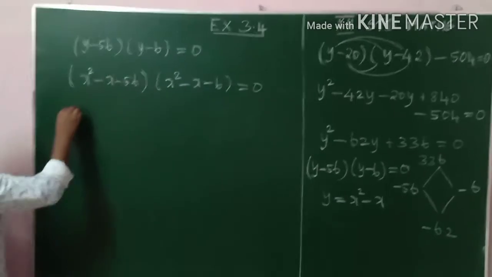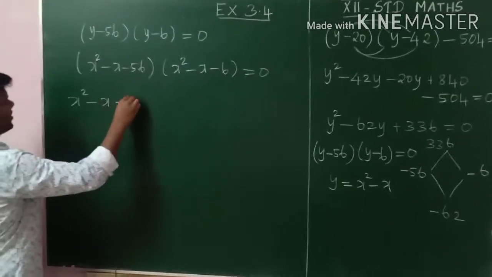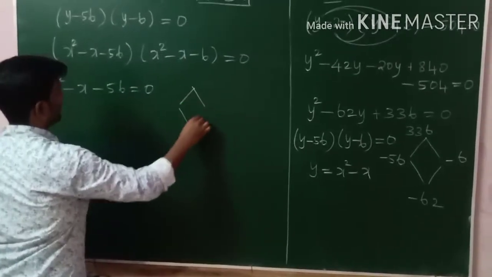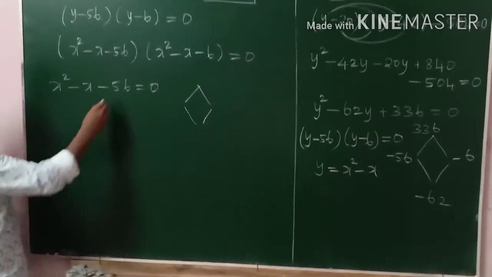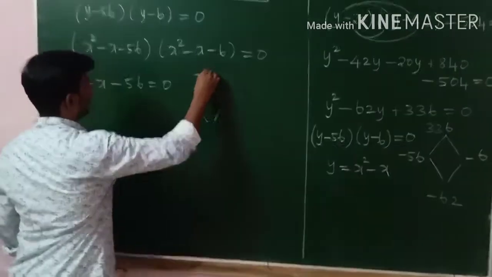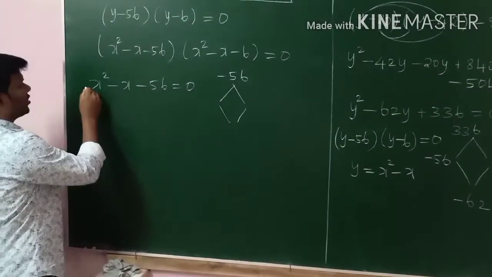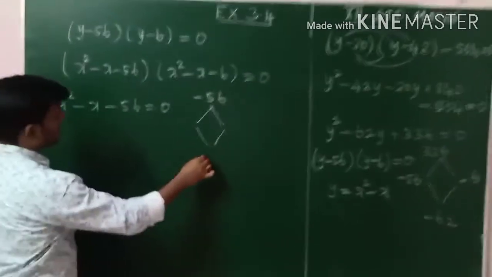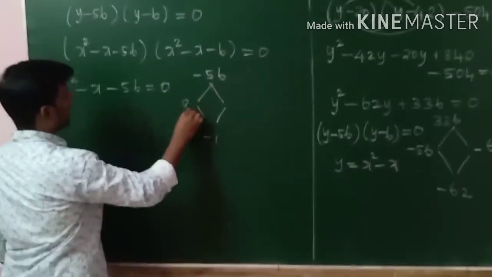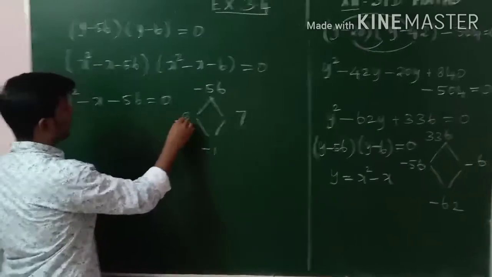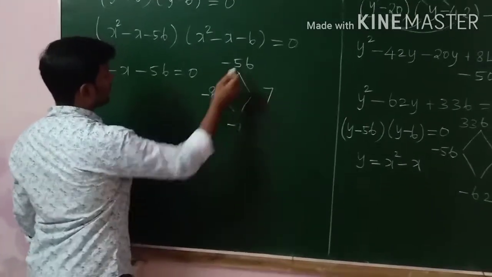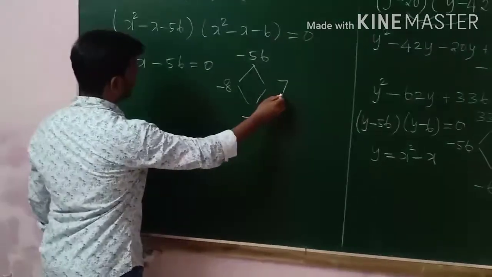I take the first one, x square minus x minus 56 equal to 0. So factorize this. Take the coefficient of x square, multiply with the constant term minus 56, because 1 into minus 56 is minus 56, and coefficient of x is minus 1. So 8 sevens are 56, minus 8 into plus 7.